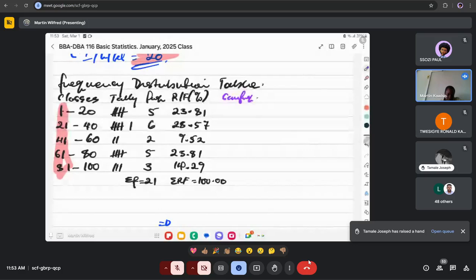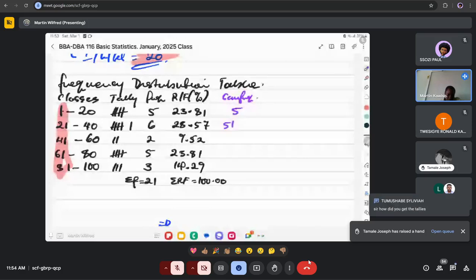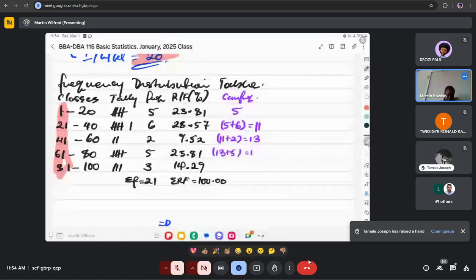Next, we shall have 5 plus 6 giving us 11. Next, 11 plus 2 giving us 13. Next, 13 plus 5 giving us 18. And lastly, 18 plus 3 giving us 21. And our total frequency is 21.